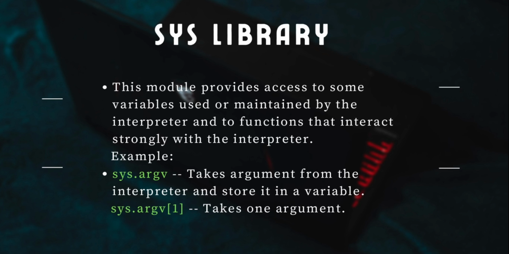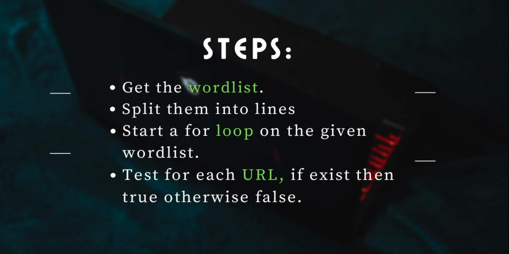Now let's move on to the steps for doing this project. The steps we are going to do are: get the word list and split it into lines, then start a for loop on the given word list, and then test each URL. If it exists, then print it on the screen, and if it doesn't exist, then don't print it.